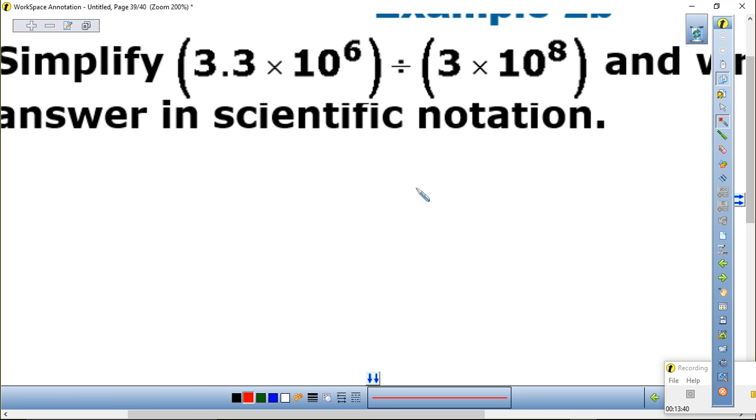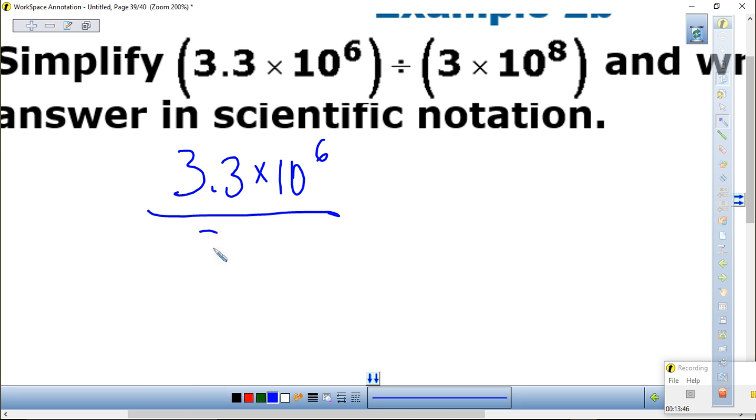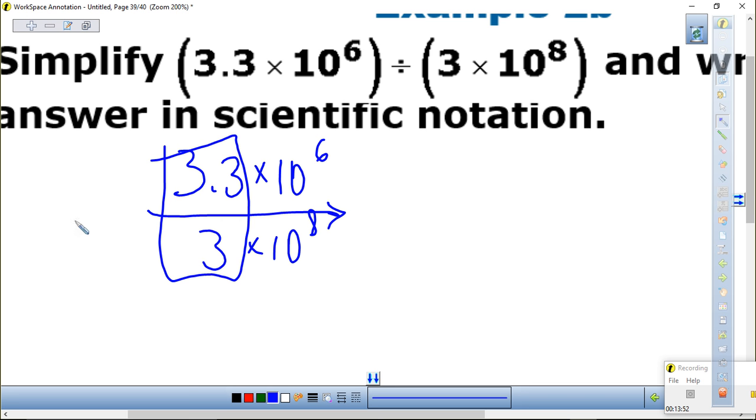So to get started, I need to rewrite this: 3.3 times 10 to the 6th over 3 times 10 to the 8th. I start with this. It's division, right? 3.3 divided by 3. Does 3 fit into 3? Yes. 1 time. This has a decimal, okay. Bring down the 3.